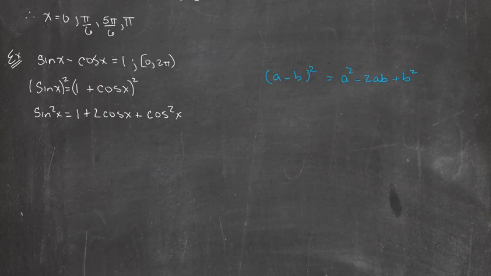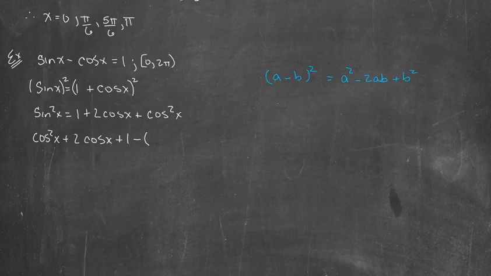So now I want to just turn this side into cosines of x's, and I can because I have a sine squared. So first let's subtract it onto the other side because I want everything to be equal to 0, and I'm going to rearrange. So I have cos squared x on this side, and then plus 2 cos x plus 1. I'm going to subtract the sine x to the other side, but I'm also going to convert it, right?